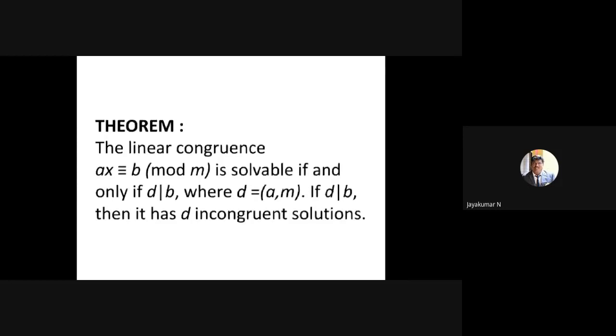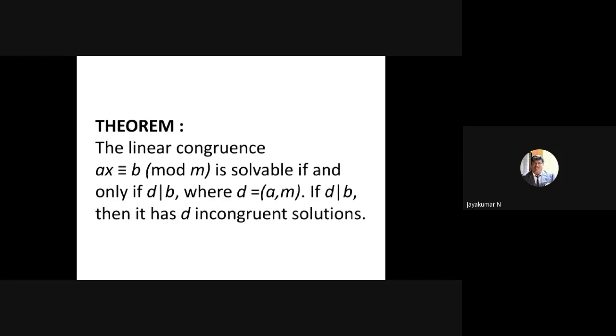You have to check the condition that d divides b, where d is the GCD of a comma m. If d divides b, then the linear congruence has d incongruent solutions.